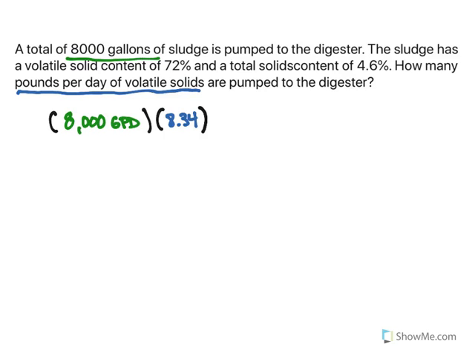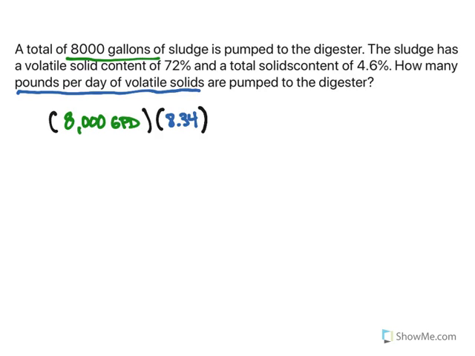Otherwise it wouldn't be sludge, it wouldn't typically sink. So most of the time when you do these problems, you're going to have to make an adjustment for specific gravity. But in this case, they don't give us a specific gravity, so we assume that it weighs the same as water. So 8,000 gallons per day times 8.34.